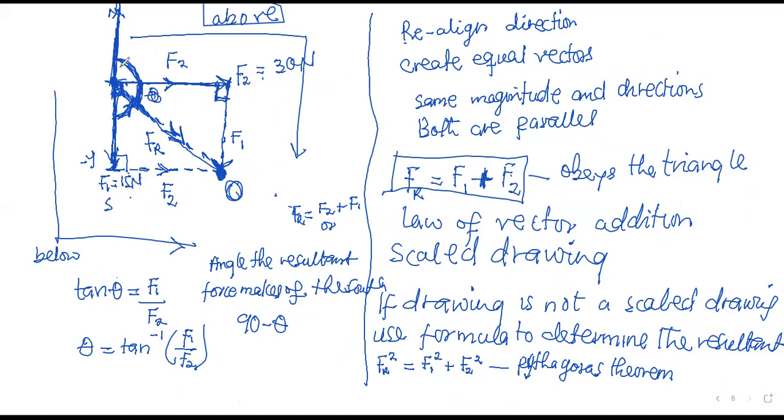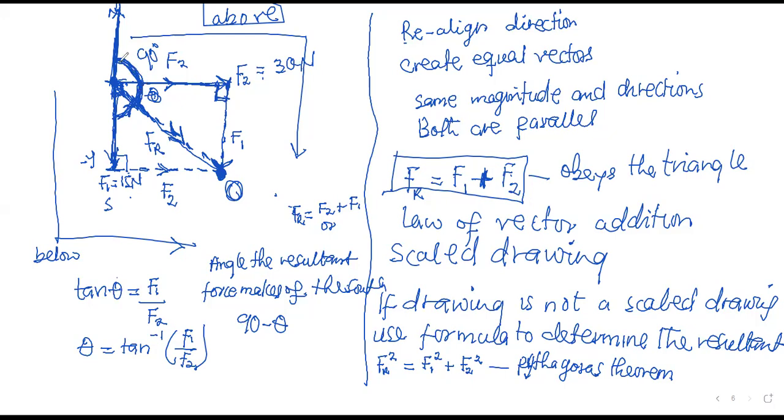The angle from the north to the east axis. What's the angle? 90. Come again, Prempoma. This is 90. The angle between north and east is 90.